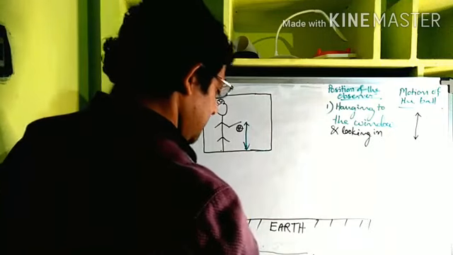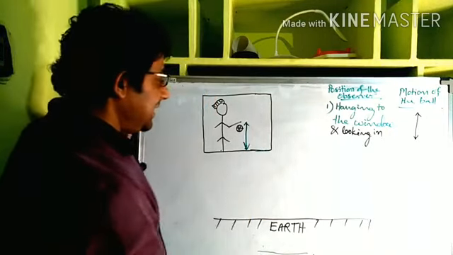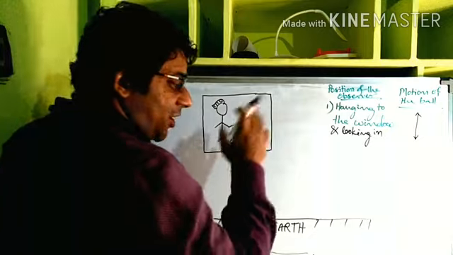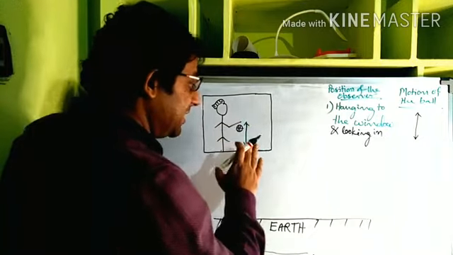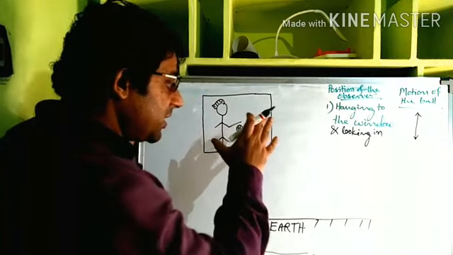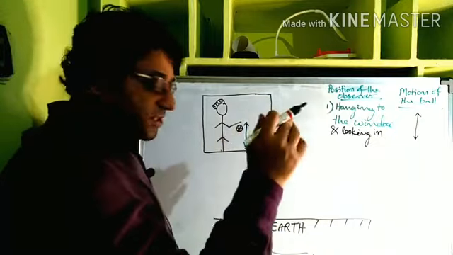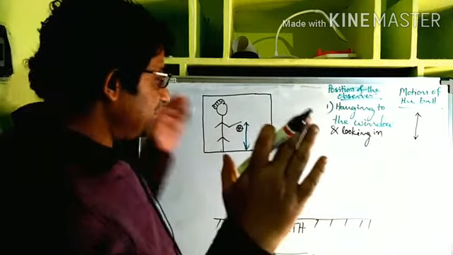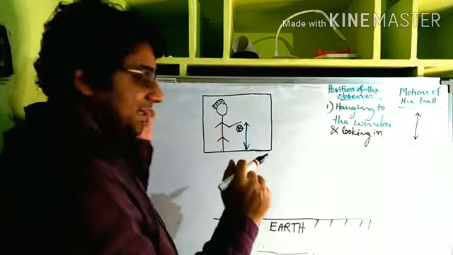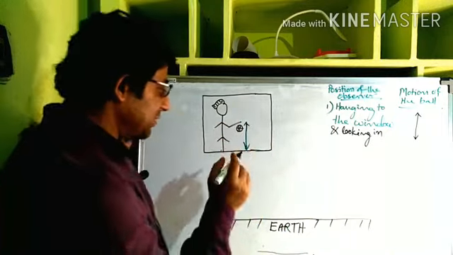Now next scenario, you imagine that it is going like this. Now the same phenomenon is occurring, but the observer, you, have moved from the helicopter. From a certain distance you are looking at that. Now see, here there is something to understand.